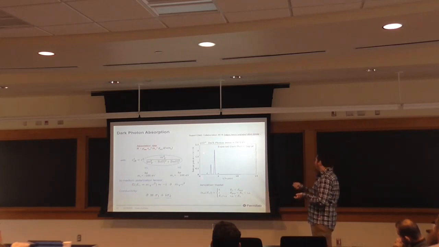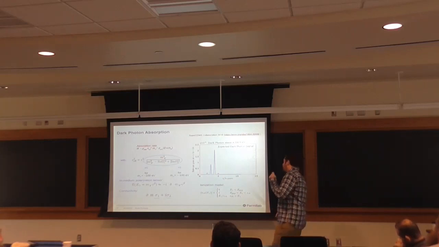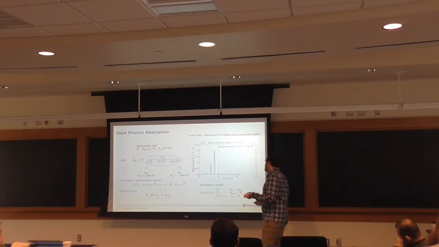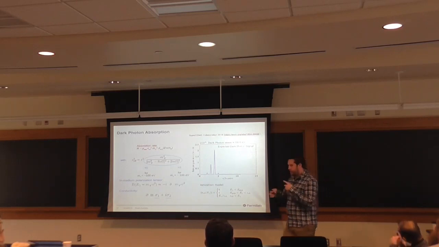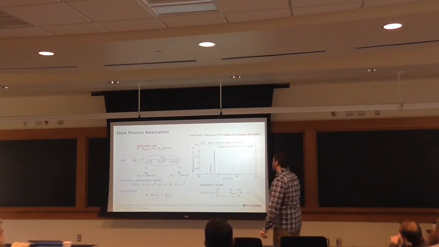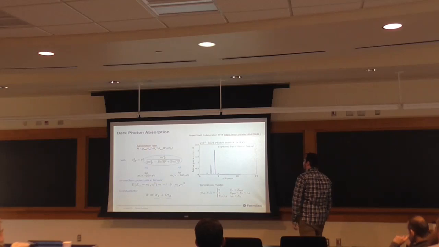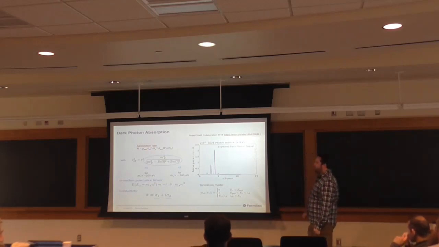But if you have a strong background at 1 electron and you have a wide distribution, it doesn't affect you as much as if your signal is all in a single electron bin. So this is important. This is something that the CDMS collaboration is trying to measure in collaboration with all of the other light dark matter efforts. There's a few of them which I'll summarize shortly. But it's one of our biggest unknowns.